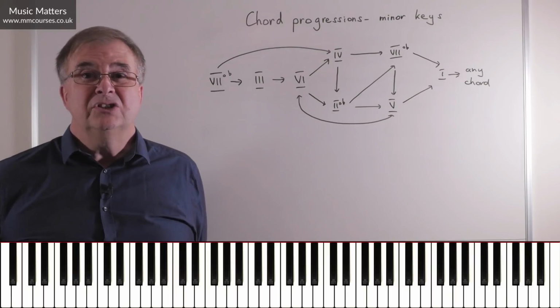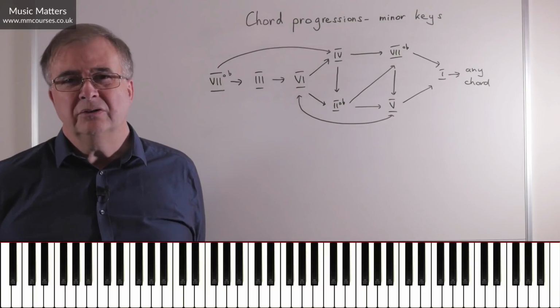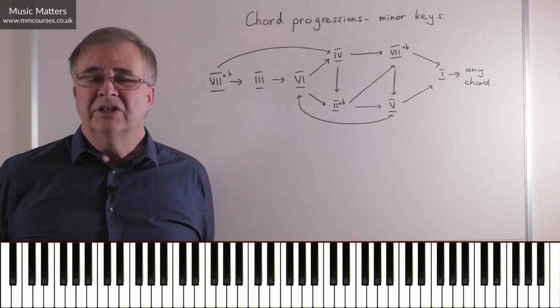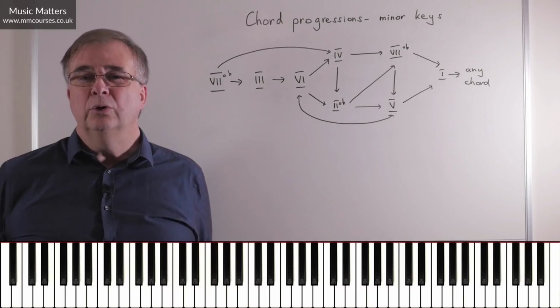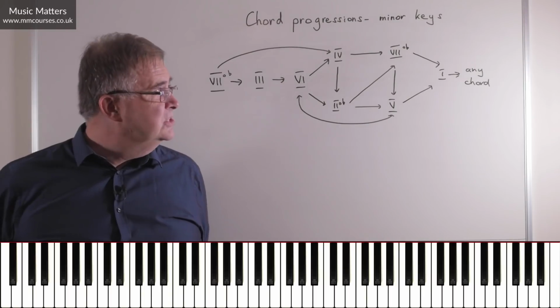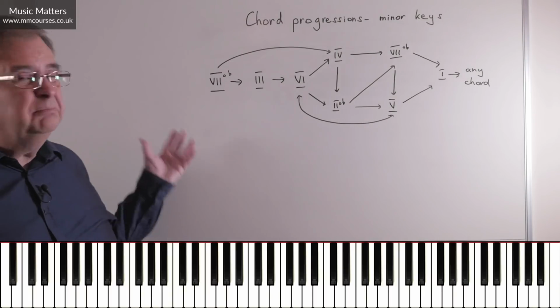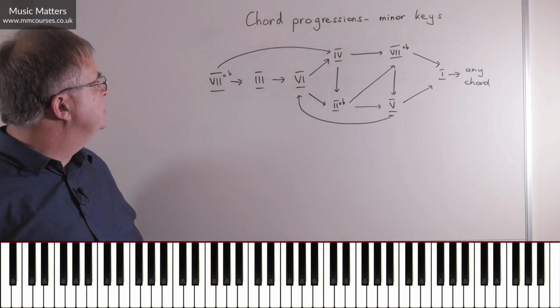That's not an exhaustive thing to say, because sometimes you might just want to use 2 or 7 in root position. Sometimes you might want to create a particularly dramatic effect with a chord 3, that augmented chord. But it's just to give you some help and build a bit of confidence in possible progressions.